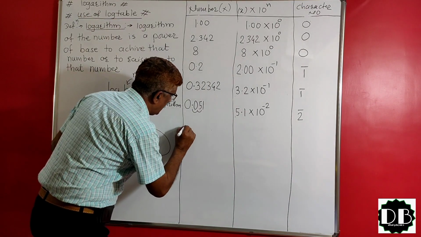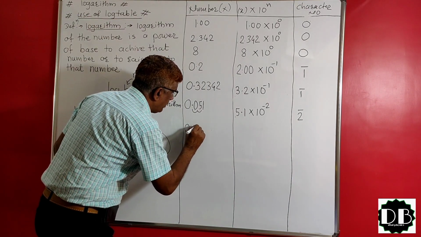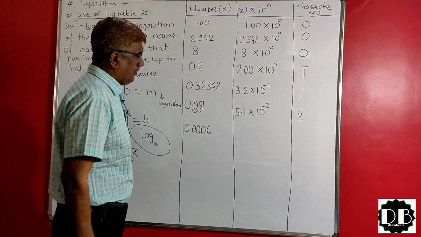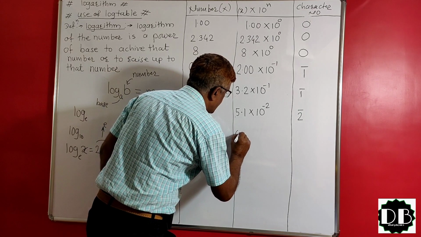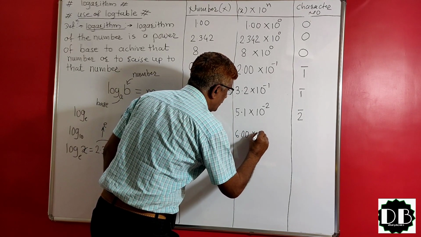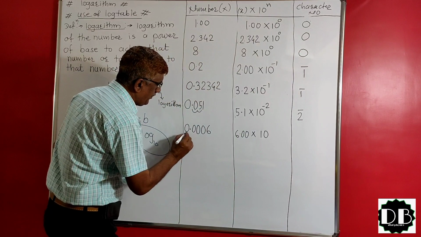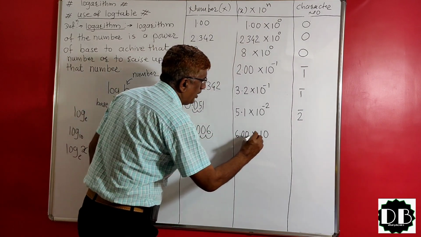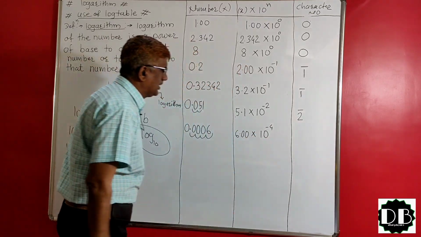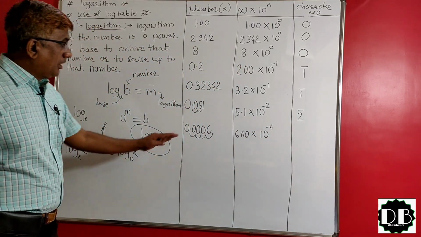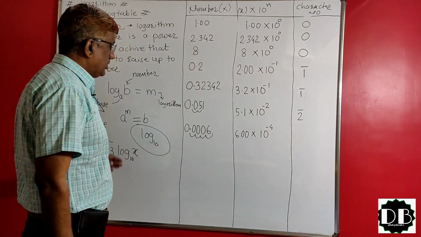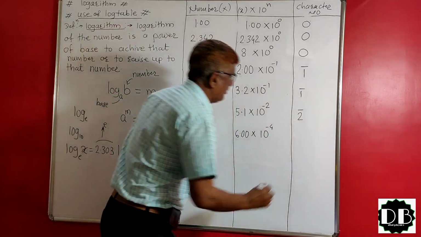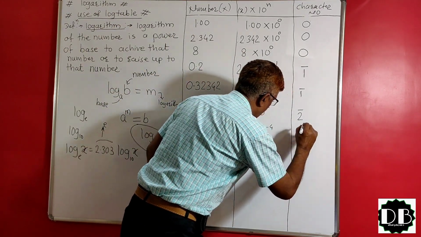If we have the number 0.006, we can write this as 6.00 into 10 raised to minus 4, converting through 1, 2, 3, 4. Minus because a small number gets converted into a large number, or the decimal point is shifted from left to right, so its characteristic number is bar 4.